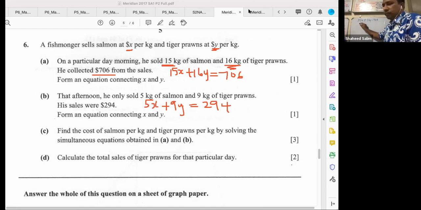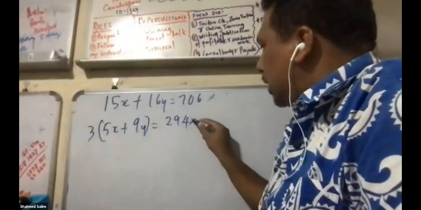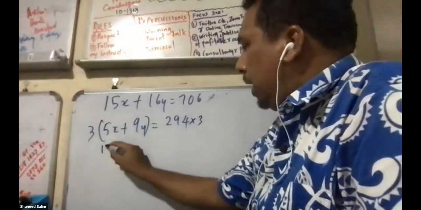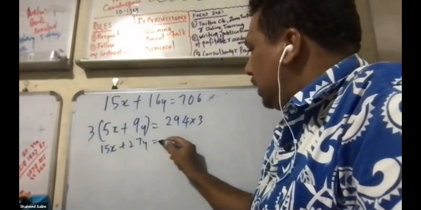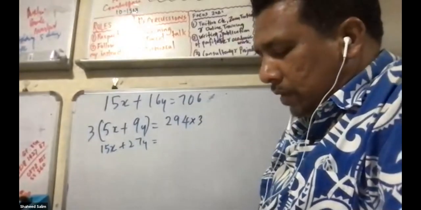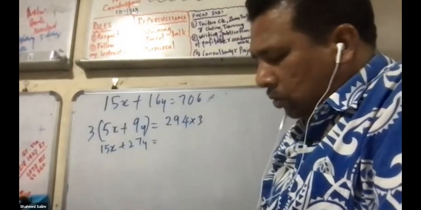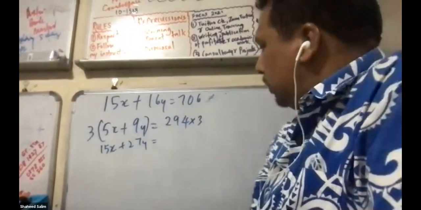Okay, this one is equation 1. Put it down here. You must remember, with equations, you want to get rid of one of the variables. So down here, make this times 3, make it 15. So you get 15x plus 27y equals 294 times 3, which is 882.